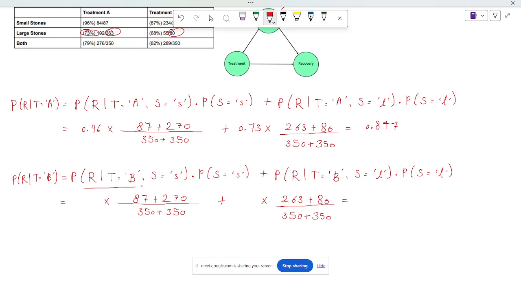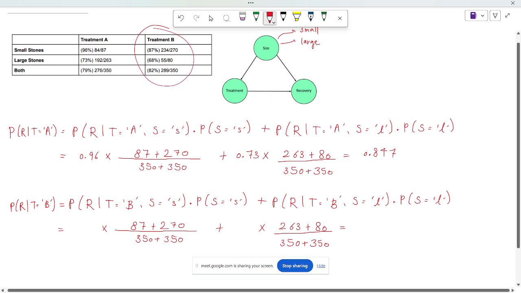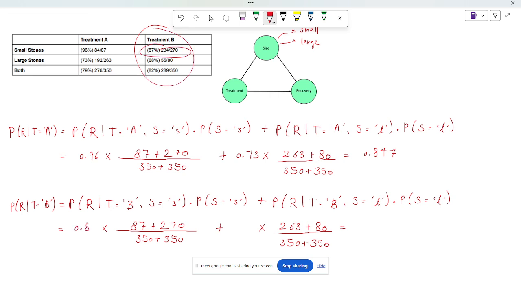All right, let's look at this particular probability. The rate of recovery, given that the treatment is B and that the size is small. So this is where the treatment is B. This is where the size is small. That is 87%. Over here, we want to look at the rate of recovery when the size is large, which is 68%.